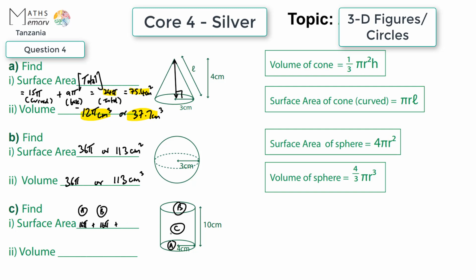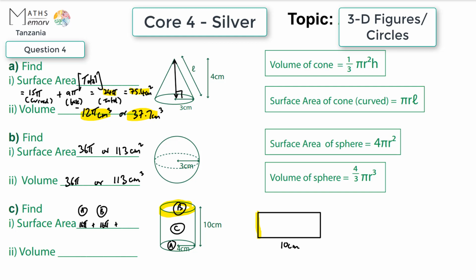And this bit over here, this is your curved bit. So if you look at this, this looks like a rectangle. Perhaps we can show it to you over here. So if you rotate this 90 degrees, this would be 10 centimeters over here. And this over here, you've got to guess what this is. What does this represent? This height is the same thing as the circle around, the circumference.